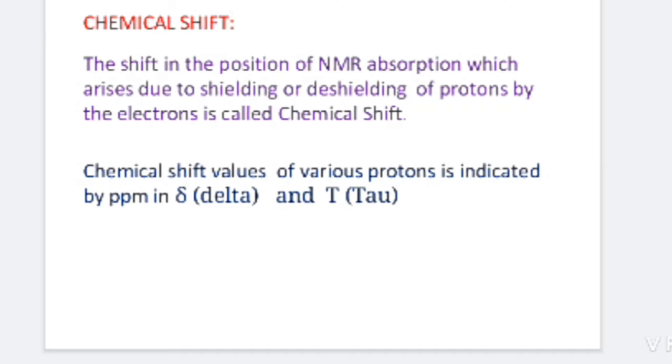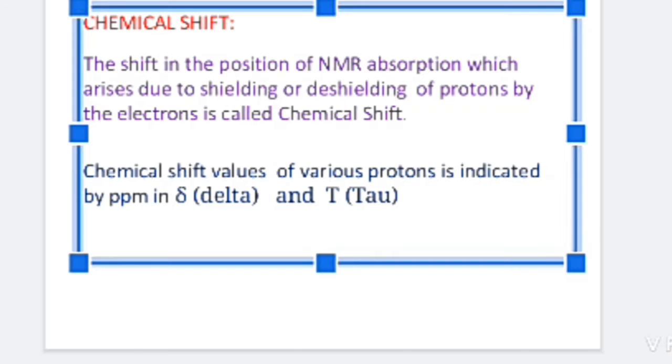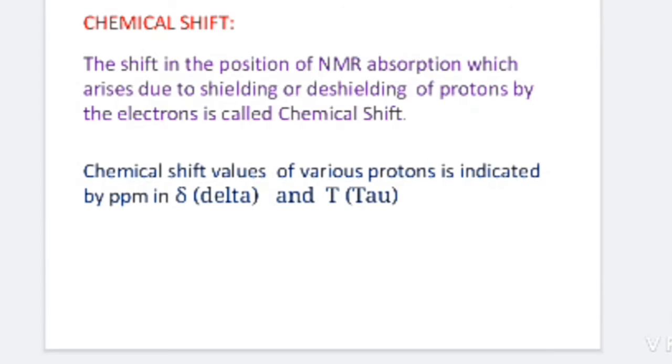which arises due to shielding or deshielding of protons by the electrons, is called chemical shift. Chemical shift values of various protons are indicated in parts per million, that is, in delta or tau.